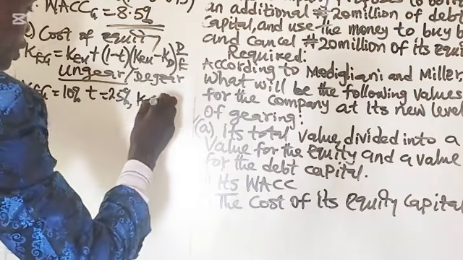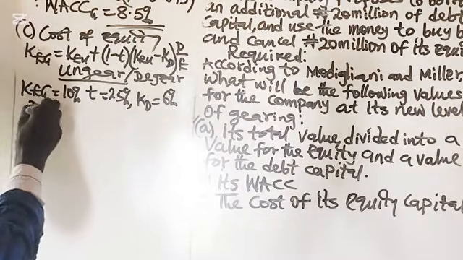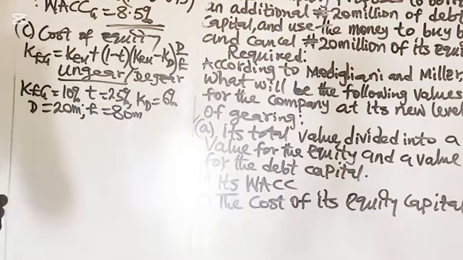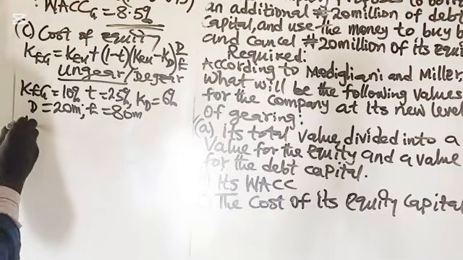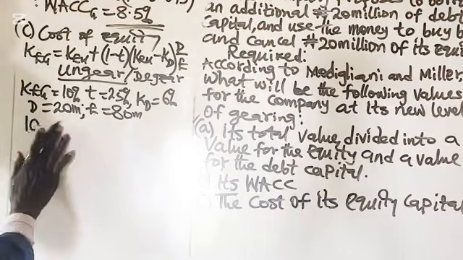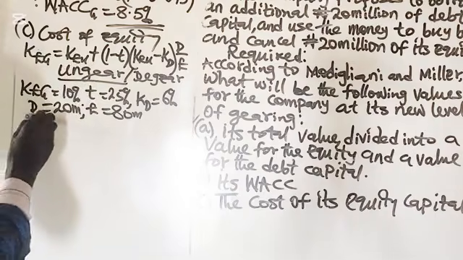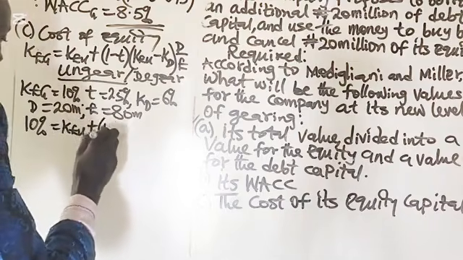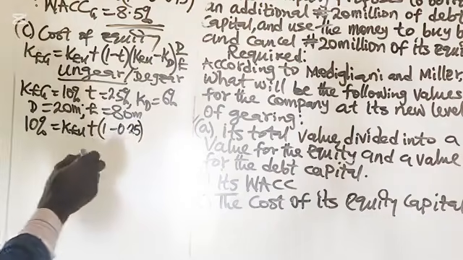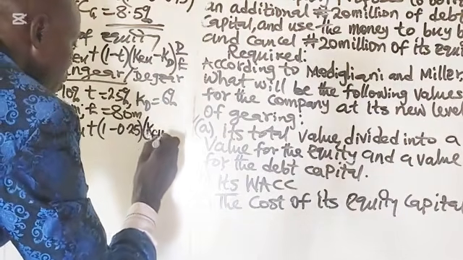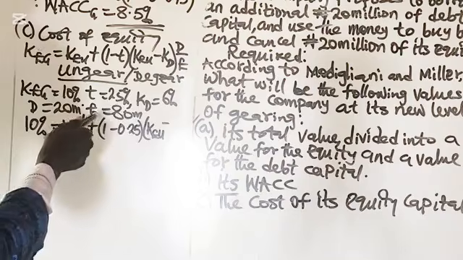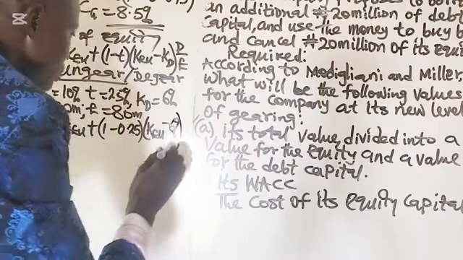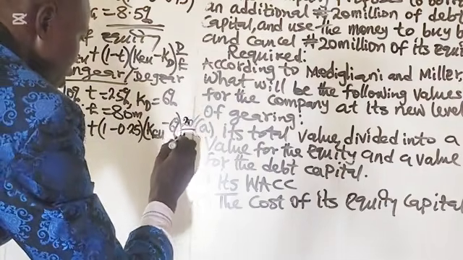Cost of debt, 6% pre-tax. Market value of debt, 20 million, and that of equity, 80 million. We are using the old data. Substituting into the formula, 10% equals Q, the cost of equity of an ungeared company, which we don't know, plus 1 minus the tax rate of 25%, into Q minus 6% pre-tax, into 20 over 80.